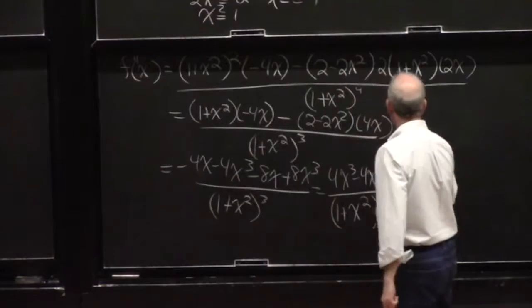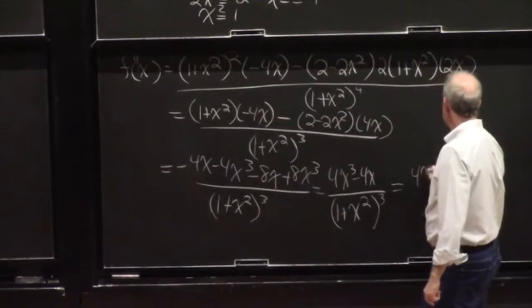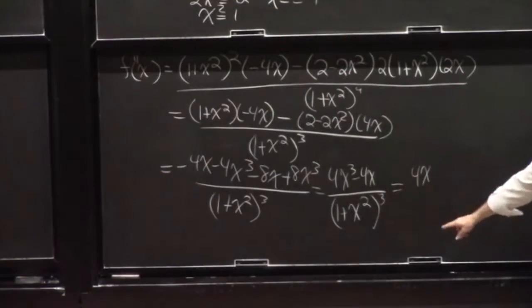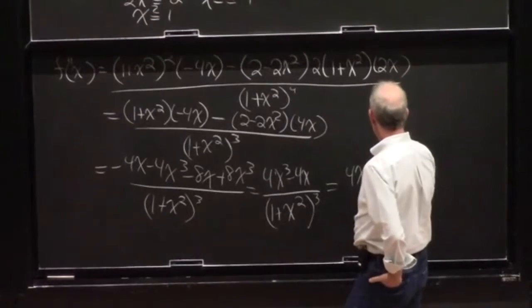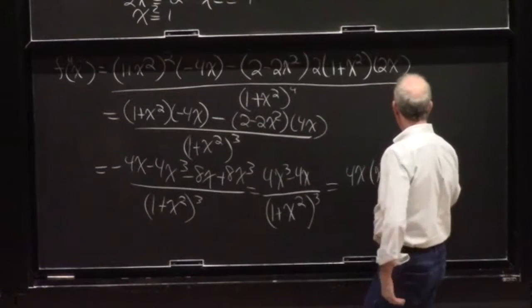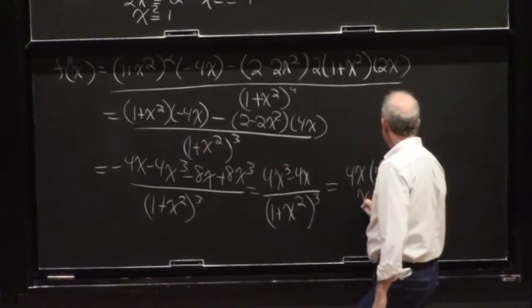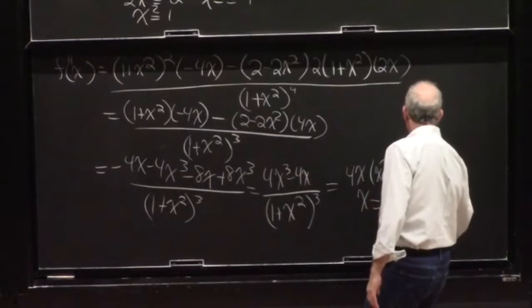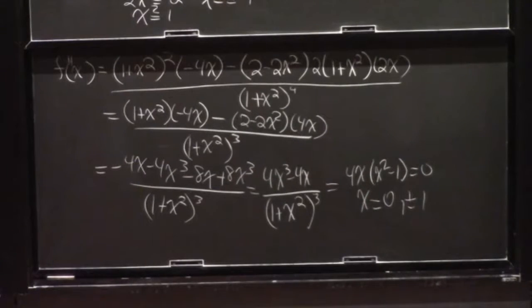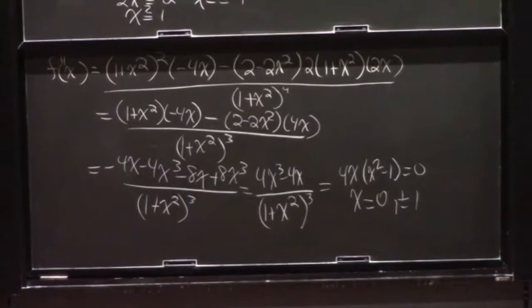Again, the bottom is always positive. So we just have 4x times x squared minus 1 is 0, so 0, plus or minus 1. Now we can go to the number line.